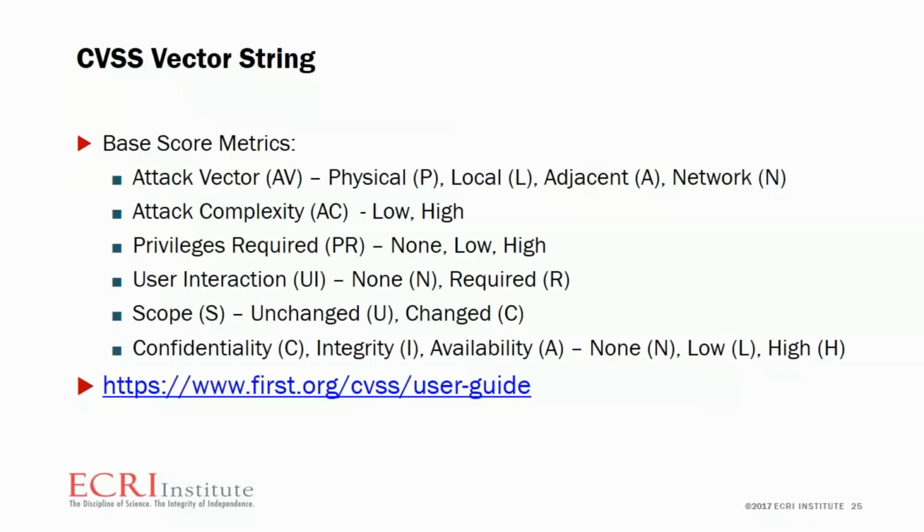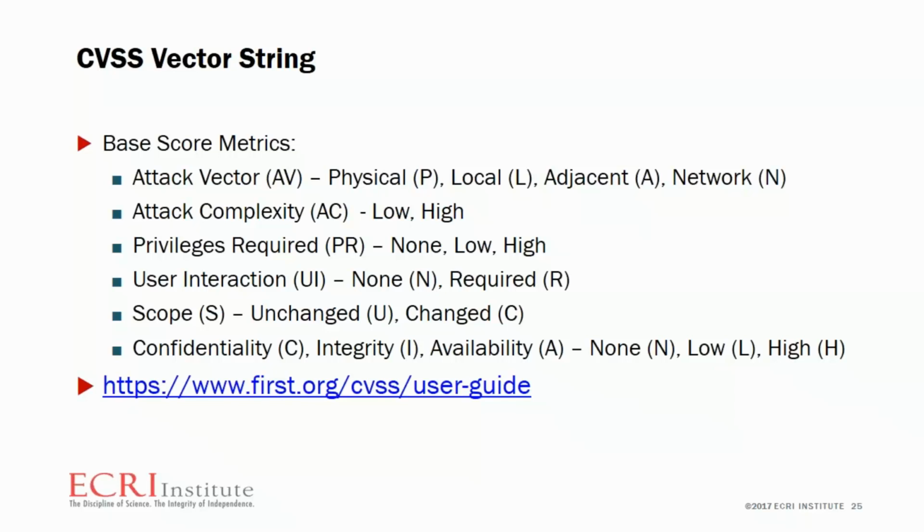I won't go into how everything is calculated, but these are the parameters that they use to determine it. And if you were to look at the data, it could provide some insight on what the vulnerability is actually doing.